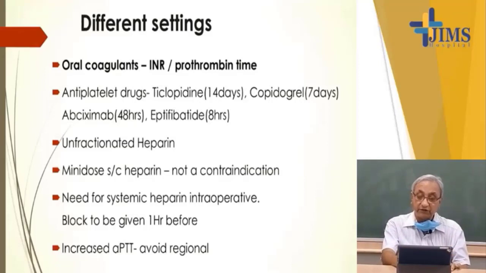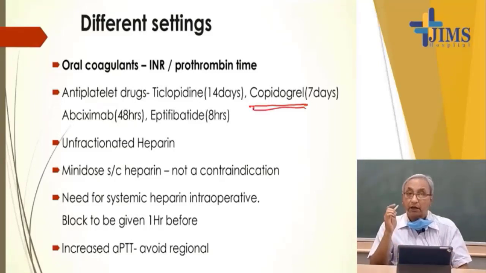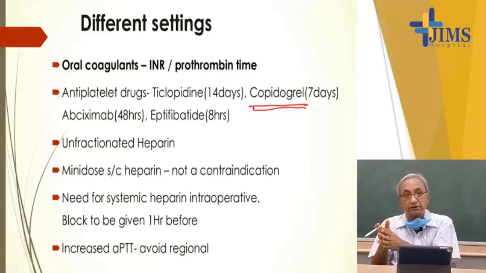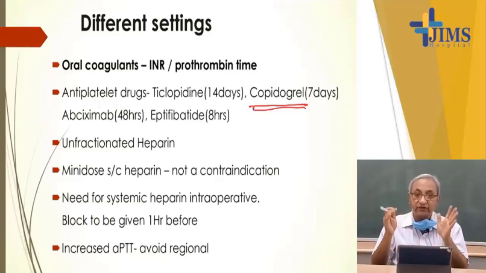What we usually find is clopidogrel. Clopidogrel acts for 7 days. So when the patient is on clopidogrel, we wait for 7 days if there is no emergency. In an emergency, we will have to operate, taking all the risks into account. So clopidogrel, we stop for 7 days and then we operate.